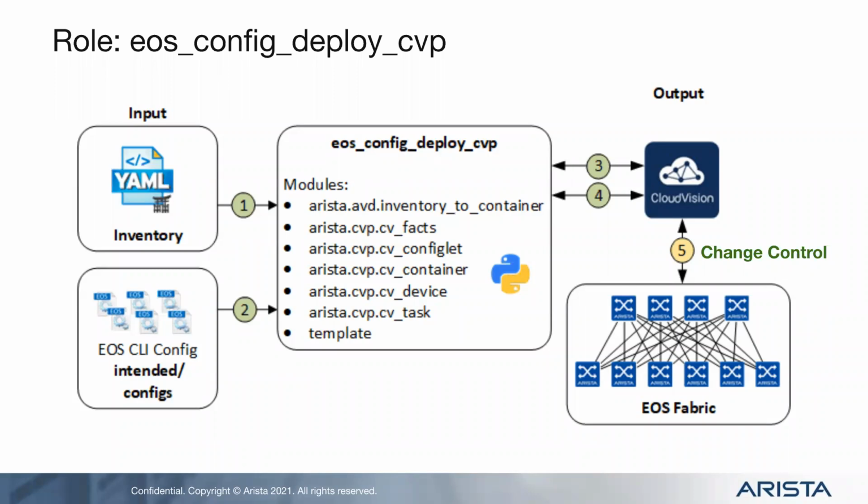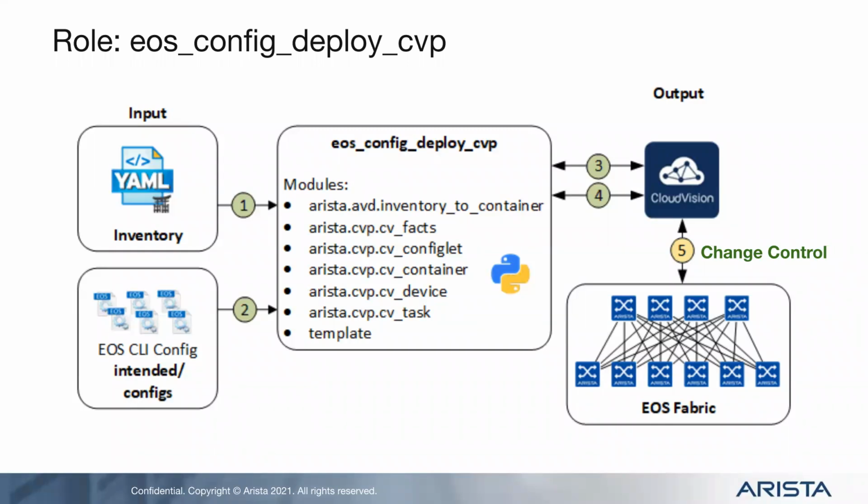At that point, within CloudVision, when we do that, they'll generate a task per device because the DC won't match the RC. And then from there, the user will do a manual change control in step 5 here. And at that point, you'll actually have your changes in the fabric. A couple reasons why I want to do it this way. People sometimes ask why we use CVP with Ansible at all.